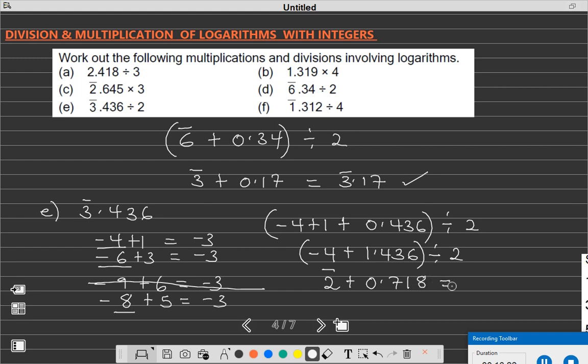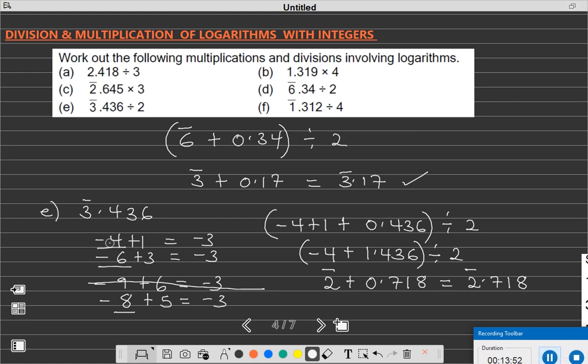So the answer becomes 2 bar, that is 2 bar .718. That is how we do such numbers. Even if you use this one here, so long as it gives you a minus 3, because this is minus 6 plus 3, it gives us the same answer.